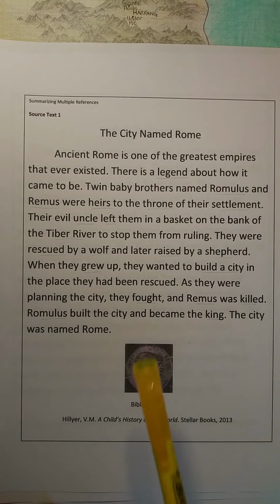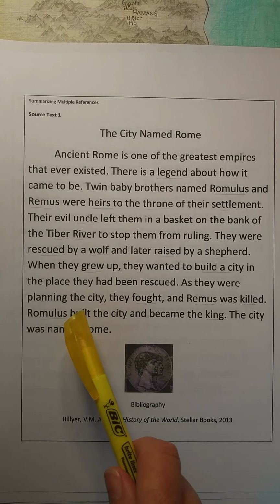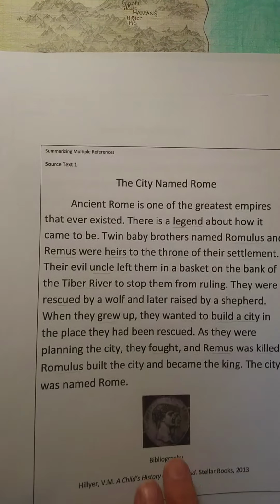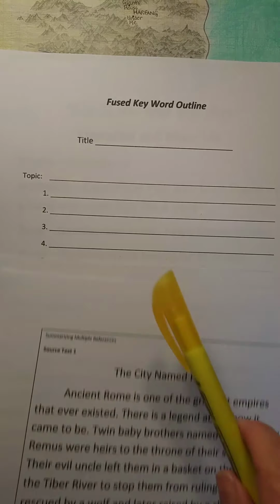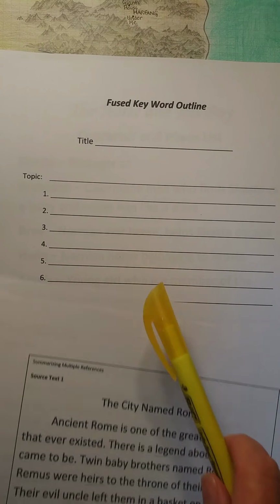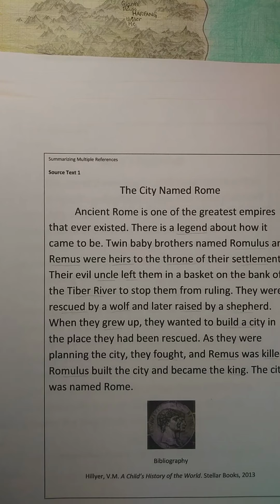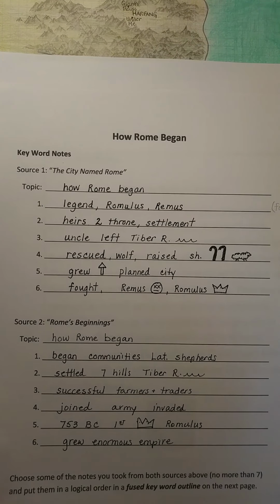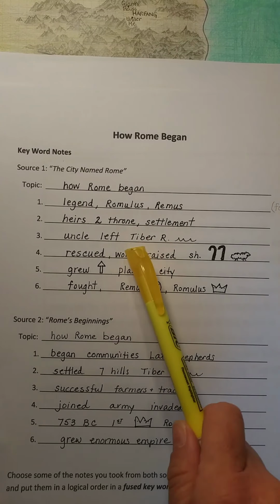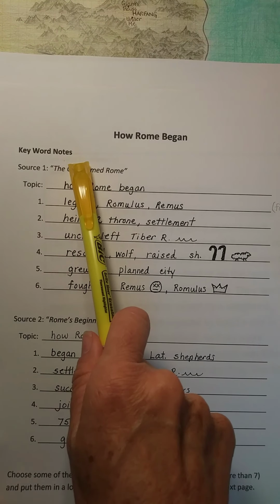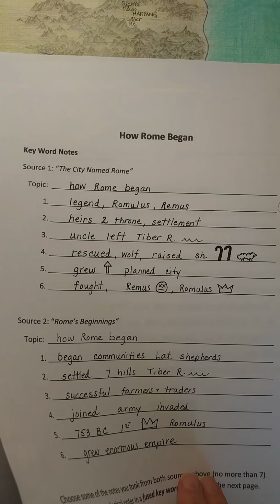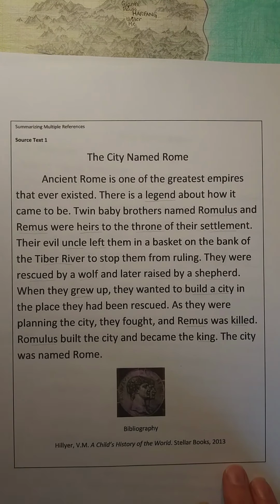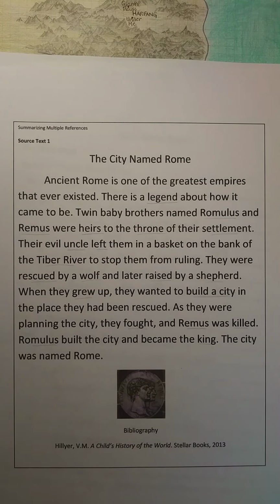So this also has been provided for you to print out, both of these, and also one of these is provided for you to print out, and this, which is your note-taking. It looks like a keyword outline. It looks like 2 paragraphs, but this is keyword notes. Very similar to keyword outline. So first of all, let me read the first article to you, and then we'll talk about taking notes.